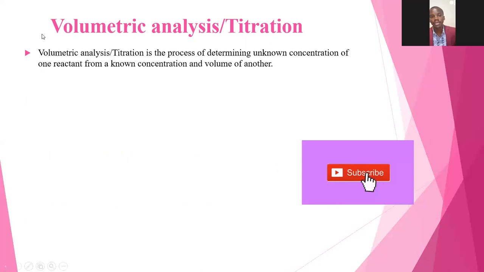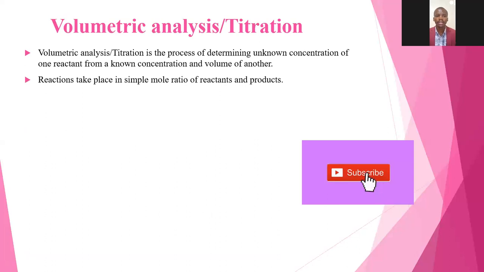So in titration, our aim is to identify the concentration of an unknown solution using the known concentration and also the volume of another reactant that will be given.